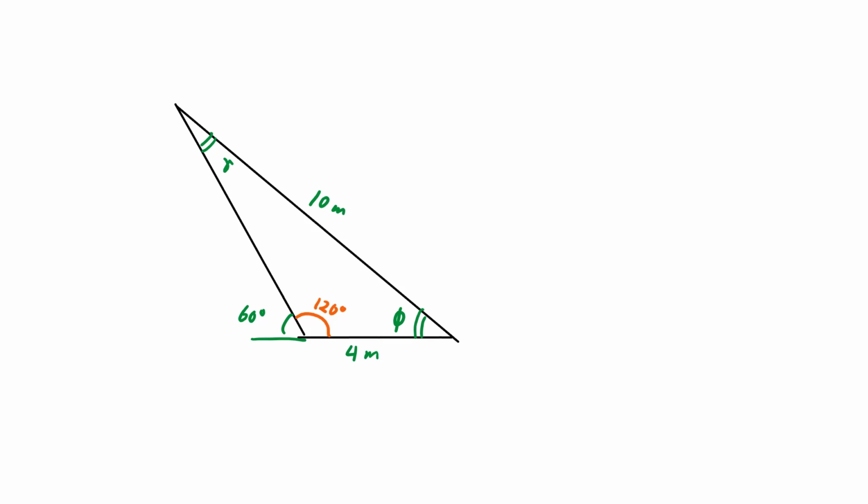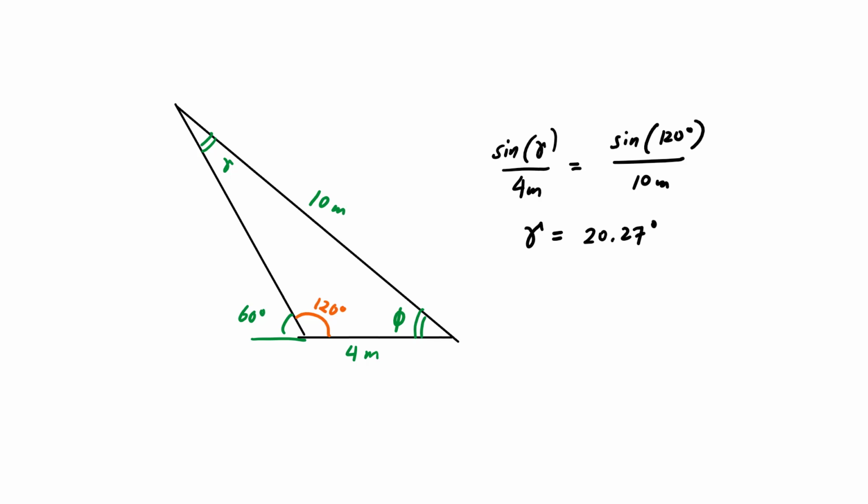From the law of sines, the sine of gamma over 4 meters is equal to the sine of 120 degrees over 10 meters. Doing some math, I get that gamma is 20.27 degrees.